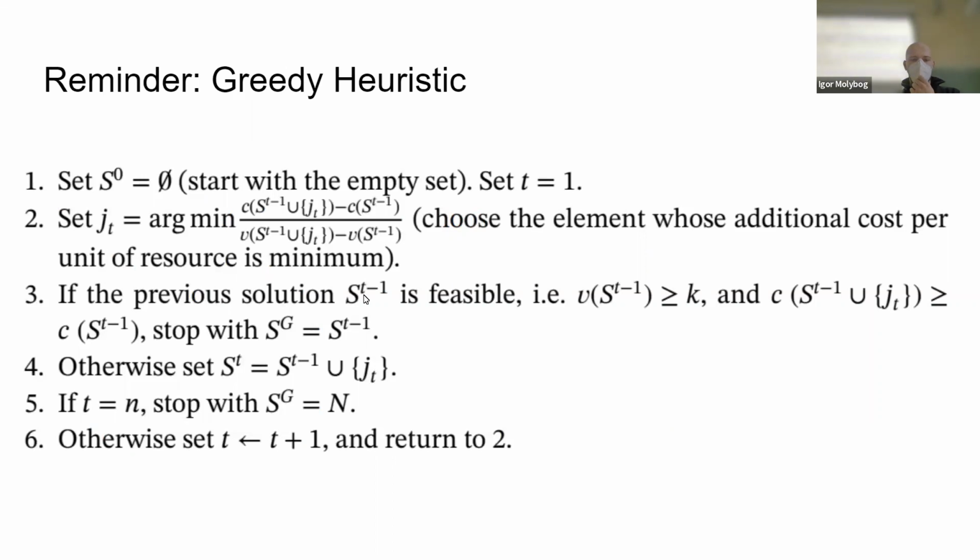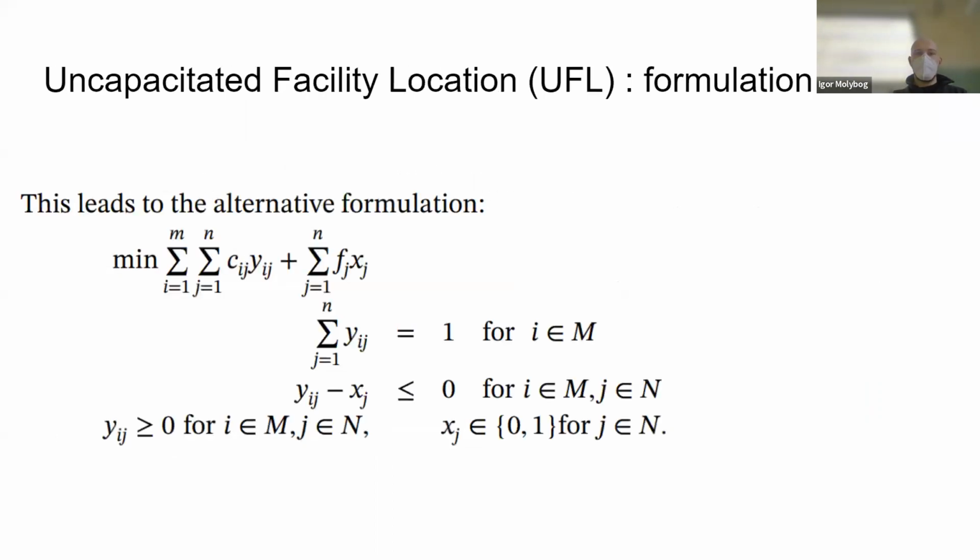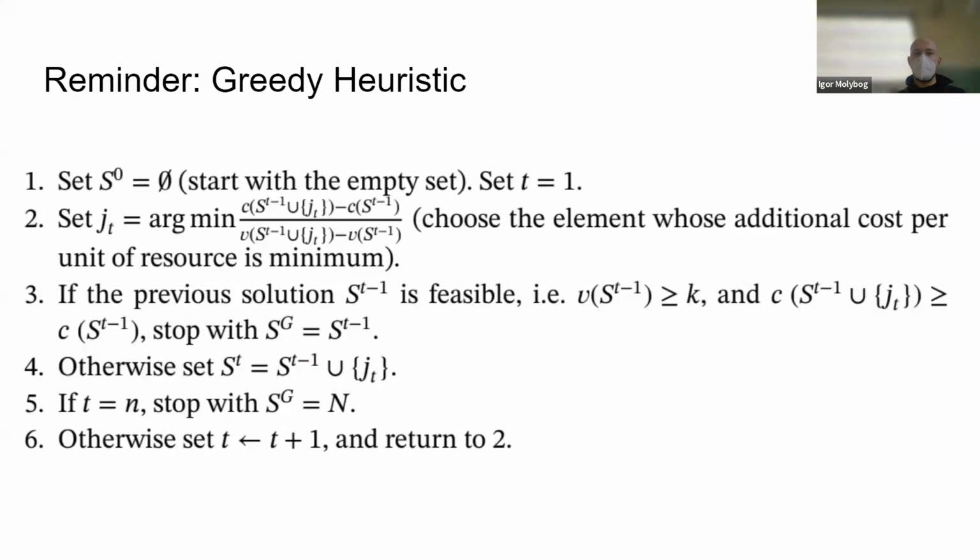And we would like to attack this problem with a greedy heuristic. Just a reminder what a greedy heuristic is. We are choosing the element whose additional cost per unit of resource is minimal. So on each step, we are picking this element.